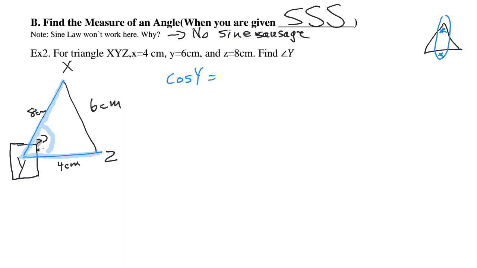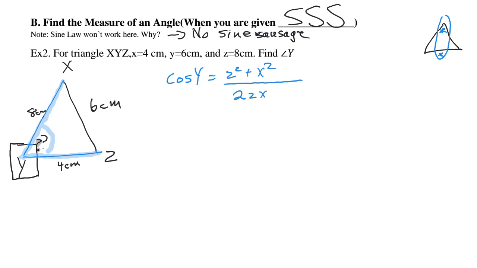So it's going to be Z squared plus X squared. And then we're going to divide by twice ZX.